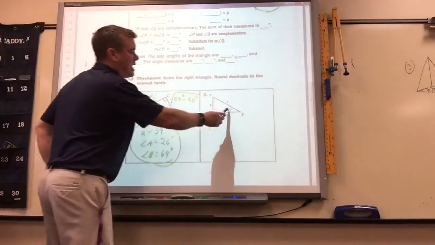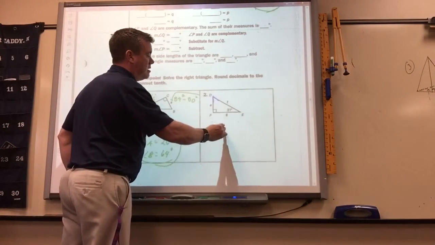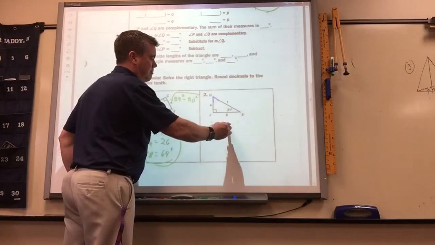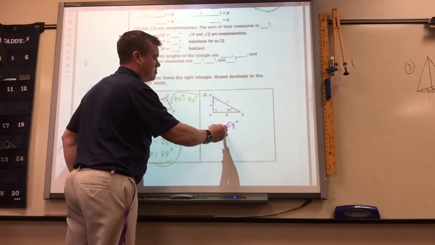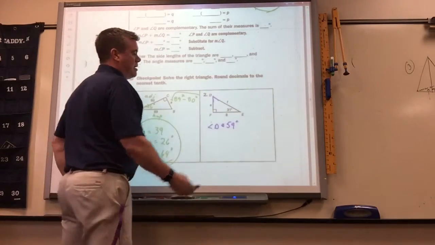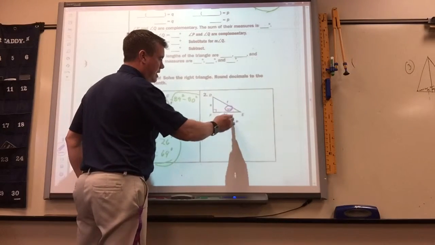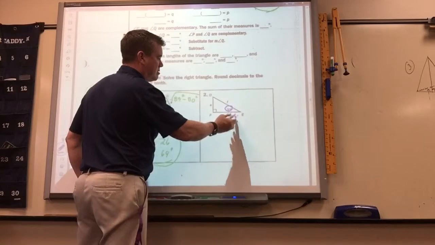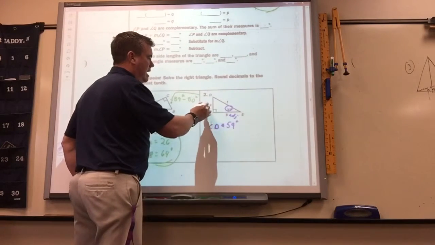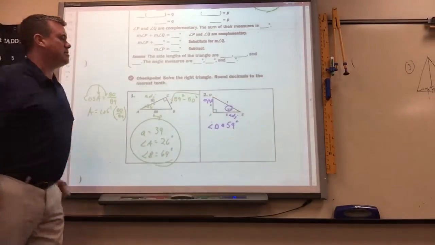Then, if it's a side and an angle, the angle is the easiest one to find right away, angle D. If that's 31, just subtract it off of 90, that would be 59 degrees. Then, you can find E or F, doesn't matter. Here's the angle given to us. 8 is adjacent, so depending on which one you find, if I find E, that's opposite.